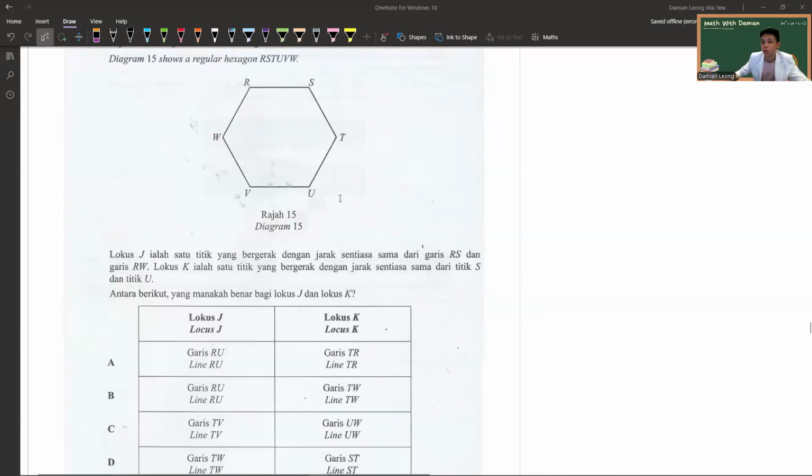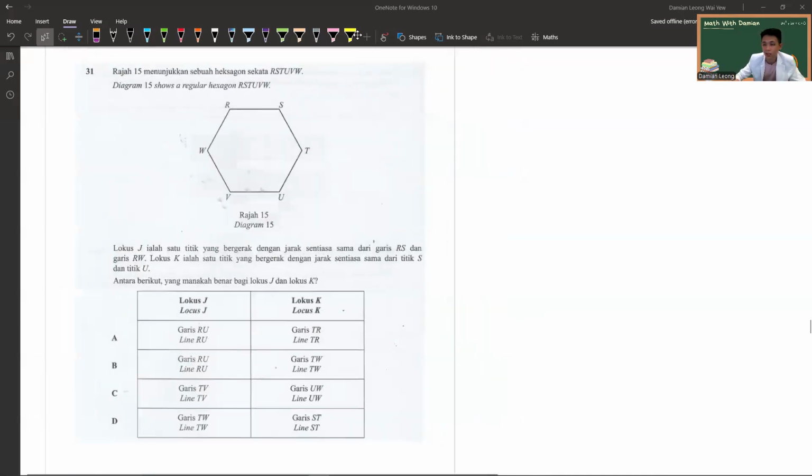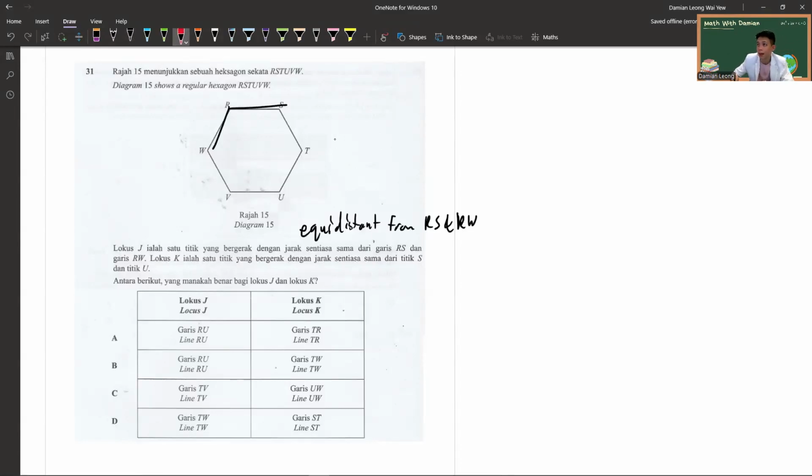Now, question 31 here. So locus J is a moving point where distance, okay, is always the same from line RS and line RW, means equidistant from RS and RW, equidistant from 2 lines, RS, RW, 2 intersecting lines will be the angle bisector.